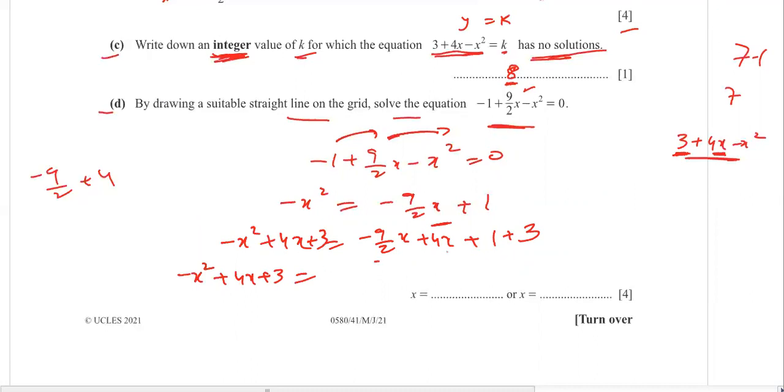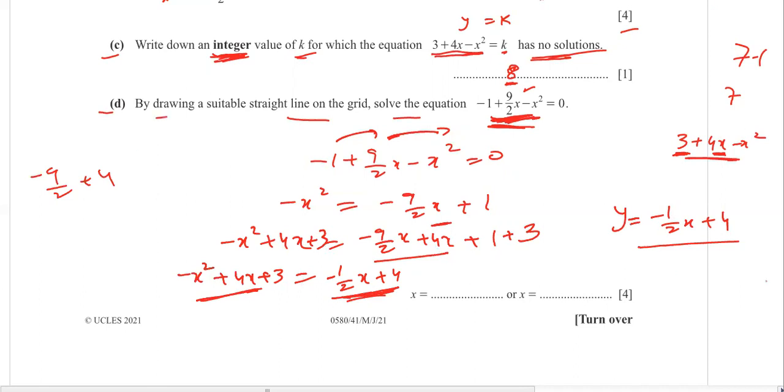It means this part will be minus 1 over 2x plus 4. So if you want to draw this one, you should draw minus 1 over 2x plus 4. This is your y now. So you have to draw y equal to minus 1 over 2x plus 4.